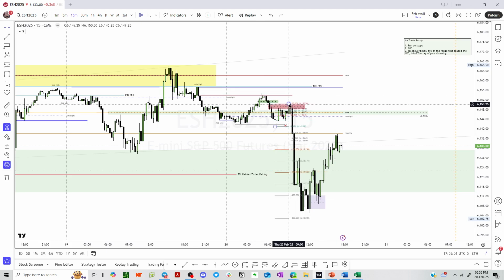Normally price would go to 1.5 unless you have a dynamic move, and then you can start targeting 3.5 or 4, 3 to 4, I'm not sure, but I think 3.5 to 4 as a target, just utilizing the manipulation leg prior to distribution. So that's just what I got for that.